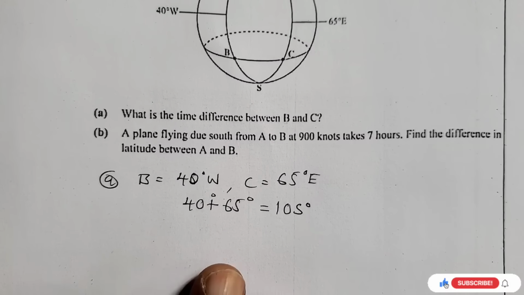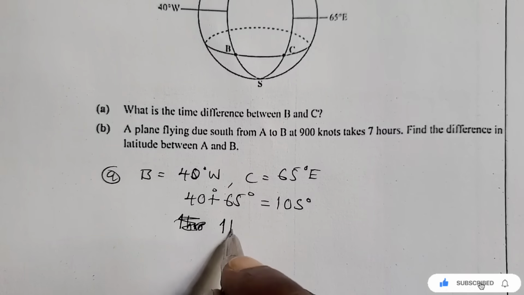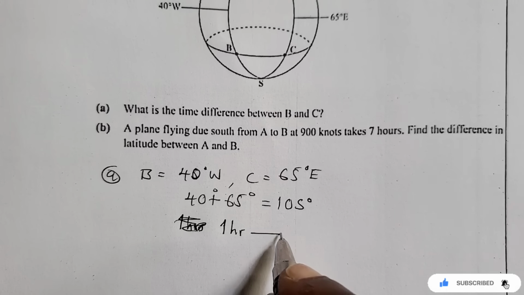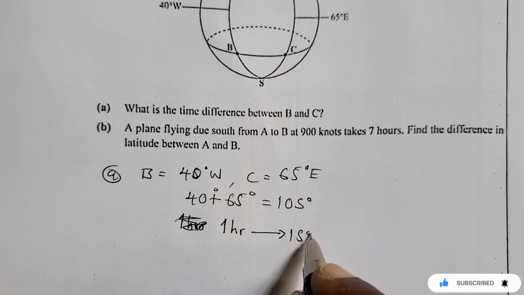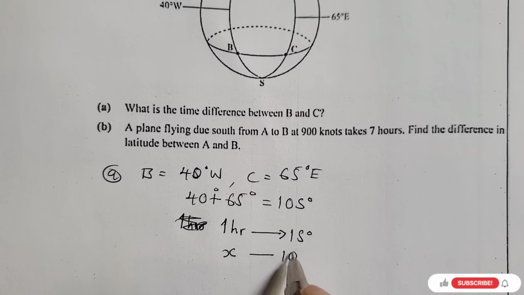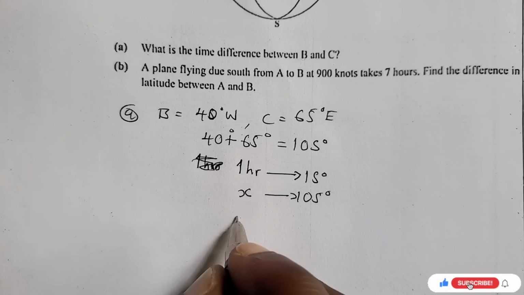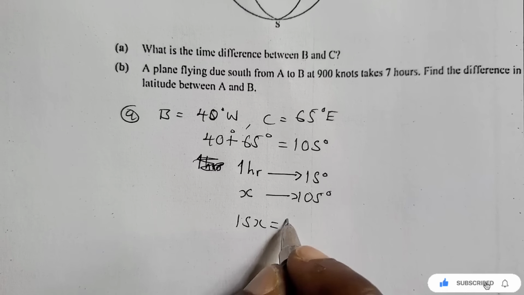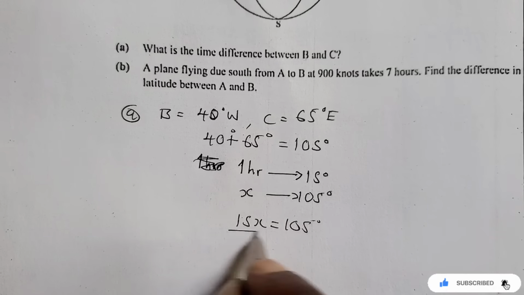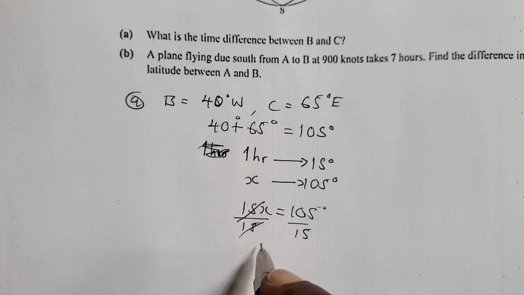Now to find the difference in time, we say 1 hour is equivalent to 15 degrees. Then how many hours is equivalent to 105 degrees? Cross multiply, and we have 15x equals 105, then divide both sides by 15.